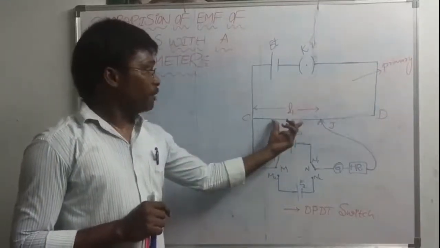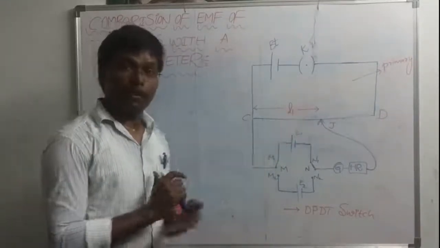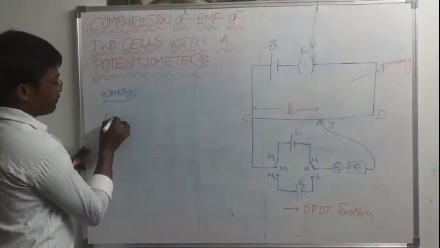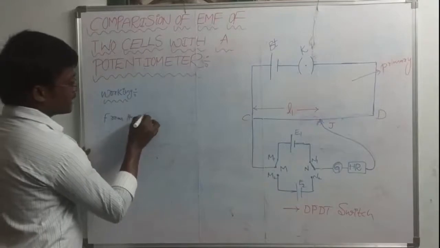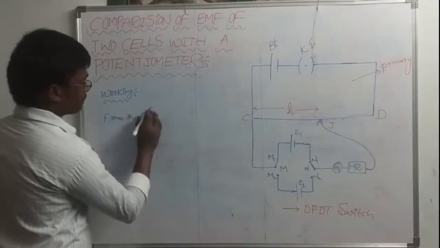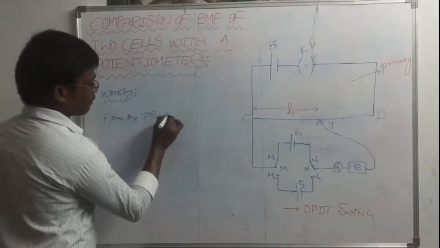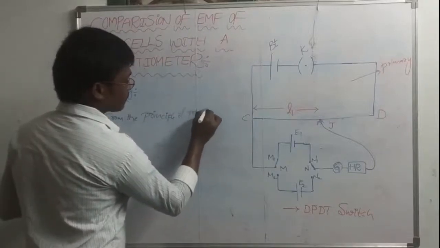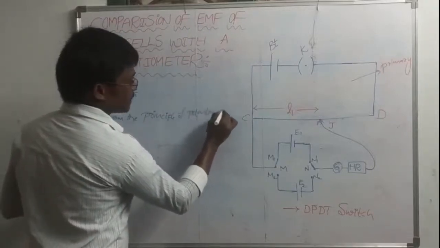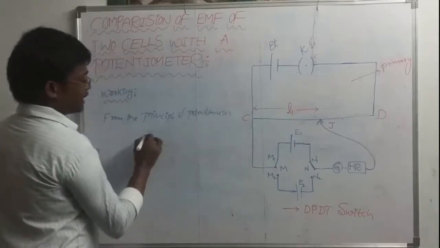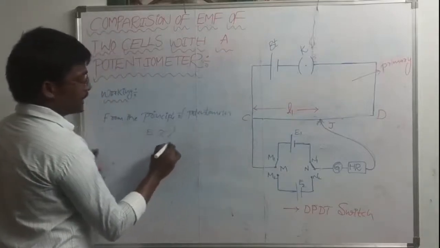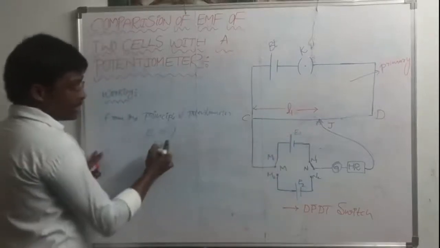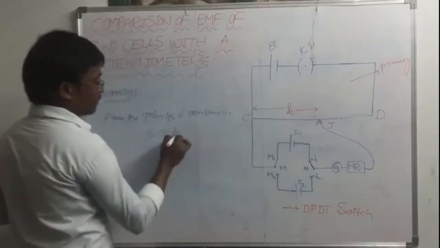Now I found the balancing length from the principle of potentiometer. What is the principle? The EMF of a cell is directly proportional to the balancing length. Here, what is the cell EMF? E1. What is the balancing length? L1.